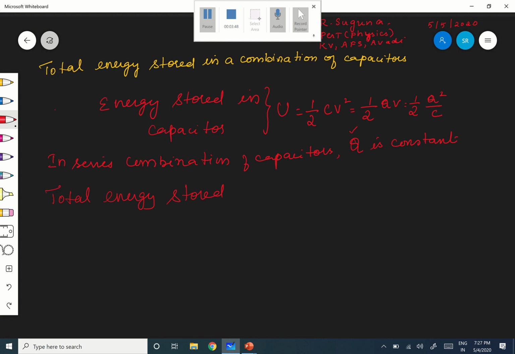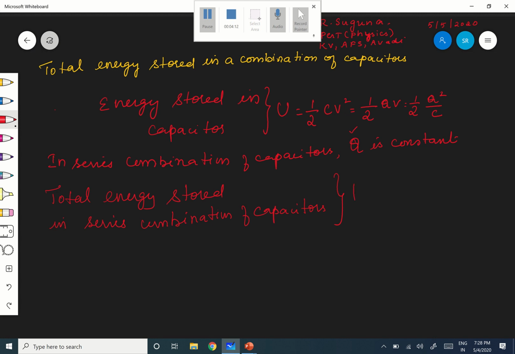Why? Because they are connected in series. Therefore, what is our job? To find out the total energy stored in series combination of capacitors.